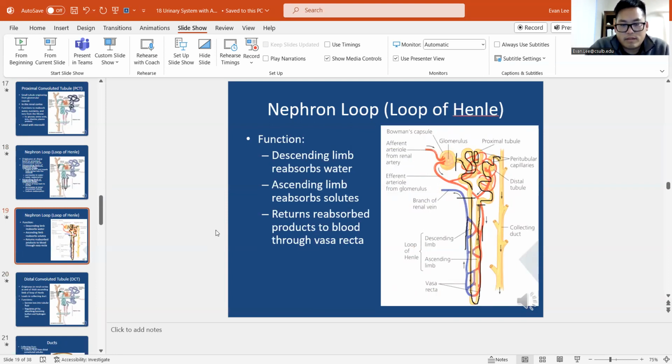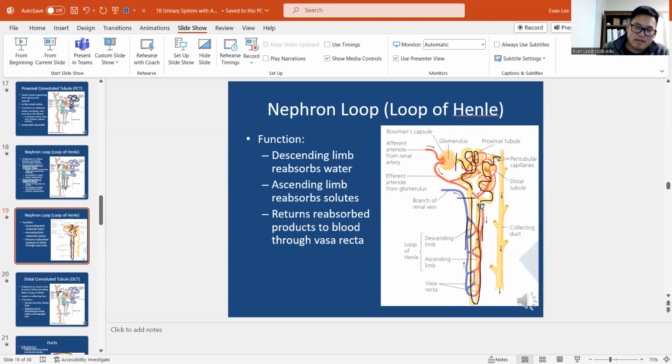So you can see the nephron loop here. This long tube goes deep into the kidney, and basically, the saltier it is around your nephron loop, the more water you're going to be able to reabsorb. So the ascending limb of loop of Henle reabsorbs salts, and that allows you to, for lack of a better word, kind of suck the water out from the descending side.